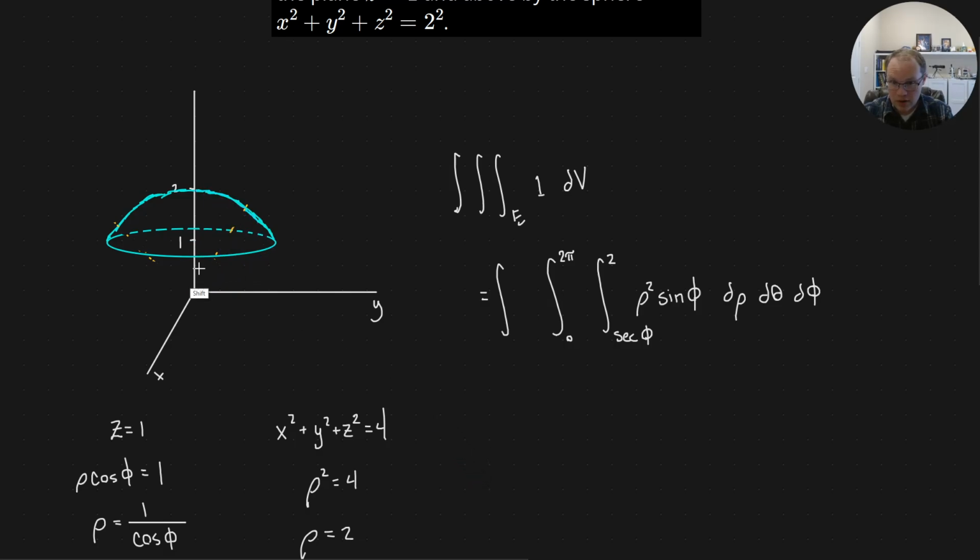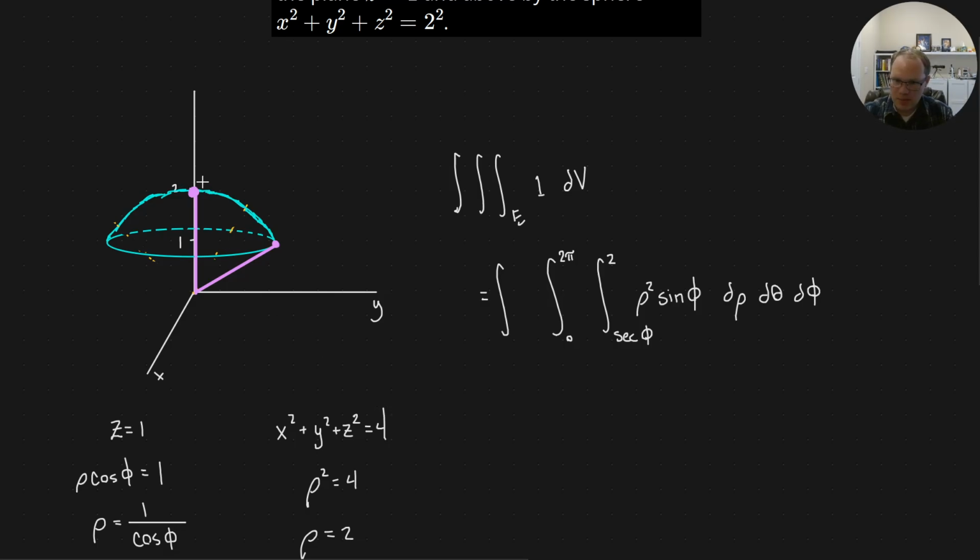If I go any further, say from here to here, then I'd be counting the sphere all the way down there. That's not what I want. I want just the angle from here to here, and then theta takes it around. Theta goes all the way from 0 to 2 pi, so it will go all the way around the edge. I just need to make sure I stay within the range. So I need to know the angle from here to here. That's where I'm counting.